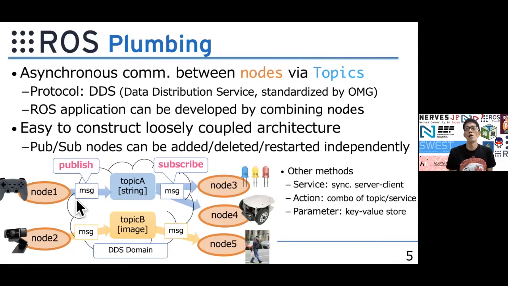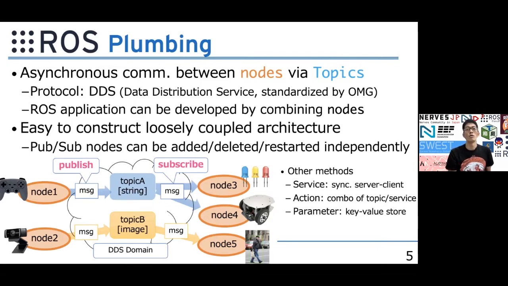ROS nodes can communicate their data through a topic. A ROS application can be developed by combining nodes such as a camera or a controller or an LED or a motor, and so on. Any node can publish its messages, and any node can subscribe to messages by specifying topic name and message type.